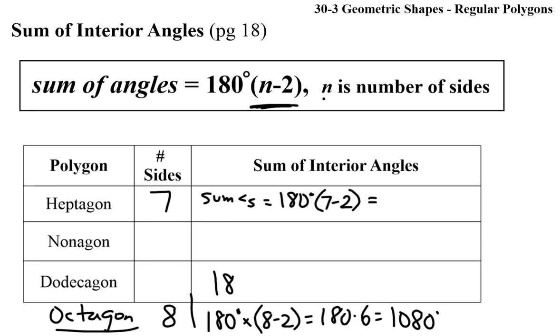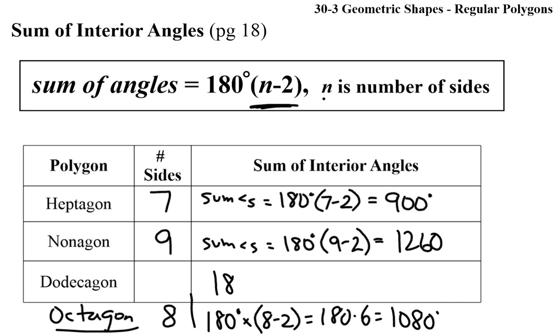So 180 times 5 is 900 degrees is the angles in a heptagon. Nonagon, 9 sides. So the sum of the angles, 180 times 9 sides, subtract 2, which gives us 7 triangles. 180 degrees for 7 triangles leaves us with 1,260 degrees, all the angles in a nonagon.